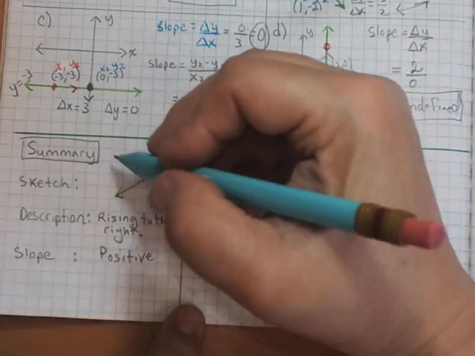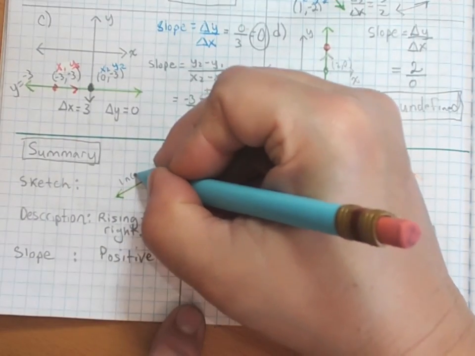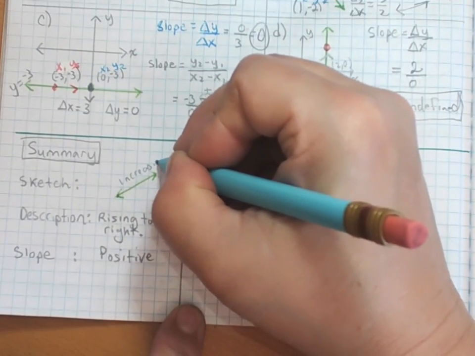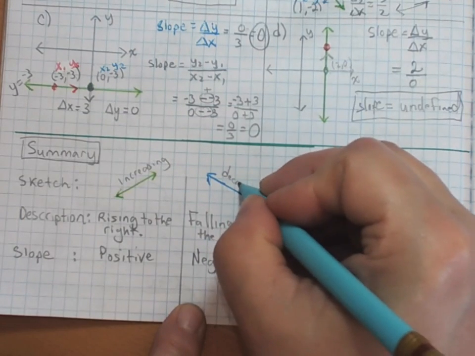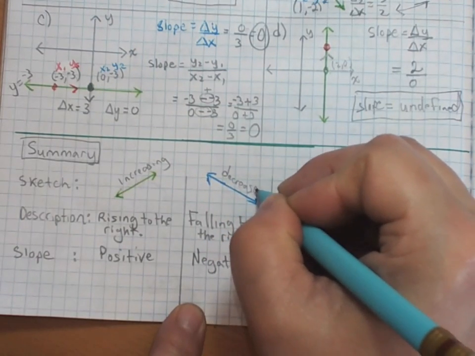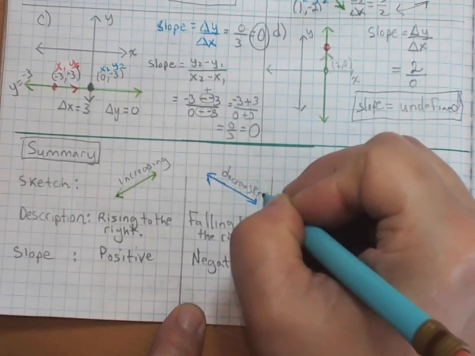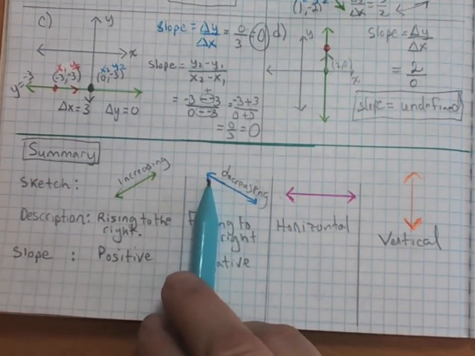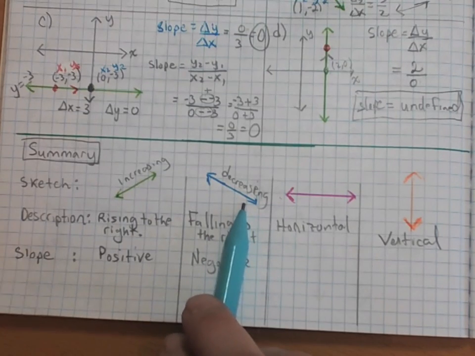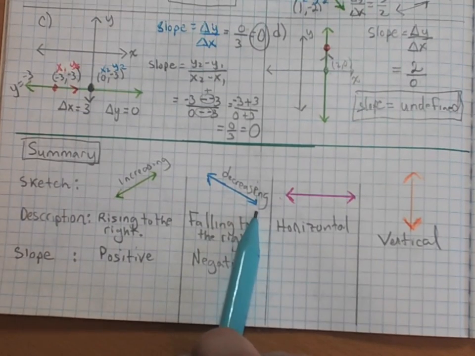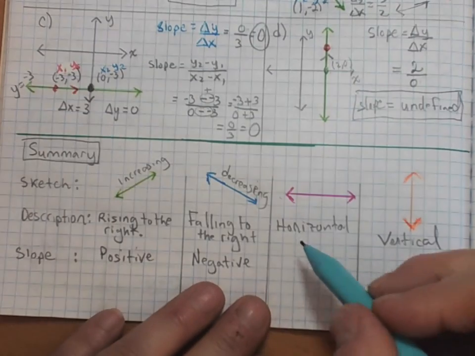This one is called increasing, rising to the right, and this one is called decreasing. If you play on the stock market and you saw the stock chart doing this, not a good sign, folks. Stock price is dropping, so be careful with that one.